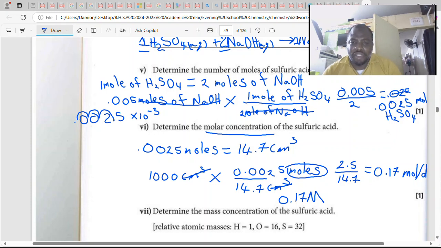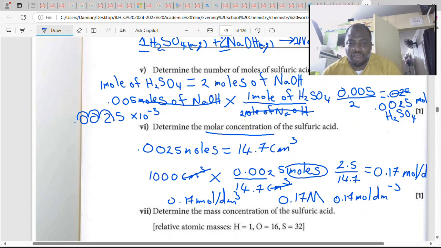Or you can see 0.17 moles dm cube with the -3. So if you're writing it as 0.17 moles per dm, with the slash, we don't have to put the -3. We have the dm cube.